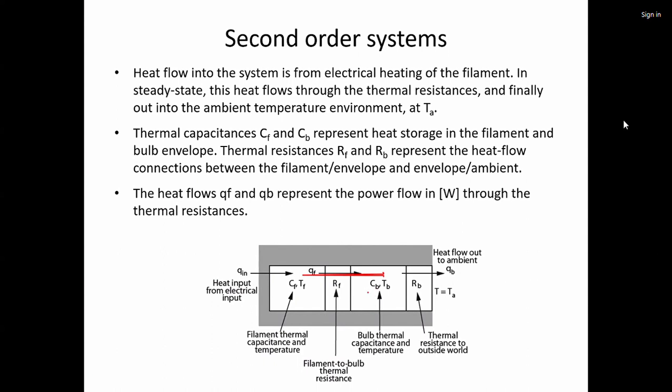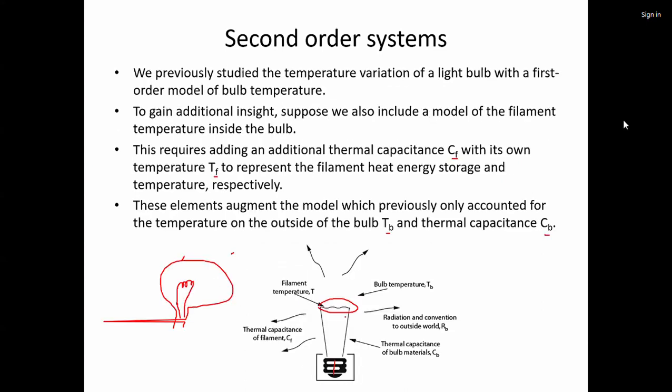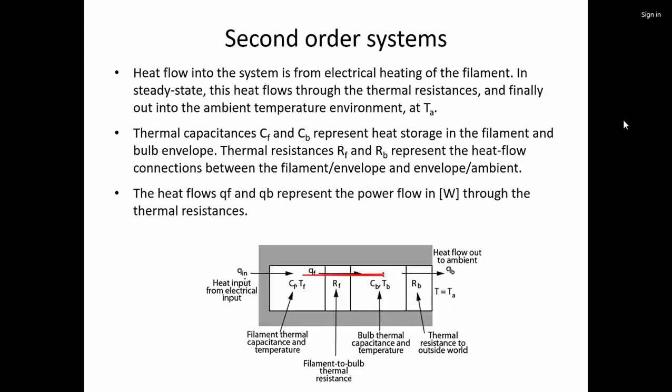The filament and the bulb are separated by a thermal resistance indicated as RF, because in a physical system, between the filament and the bulb, there will be air, right? The air will impart some thermal resistance, which is represented as RF, the filament to bulb thermal resistance. Then you come to the bulb surface.